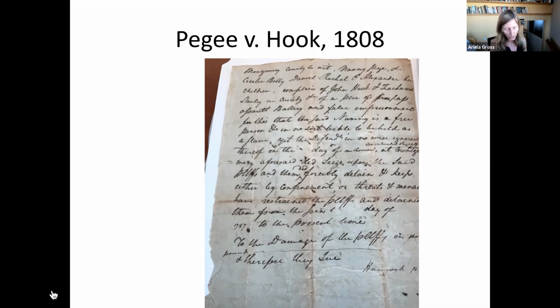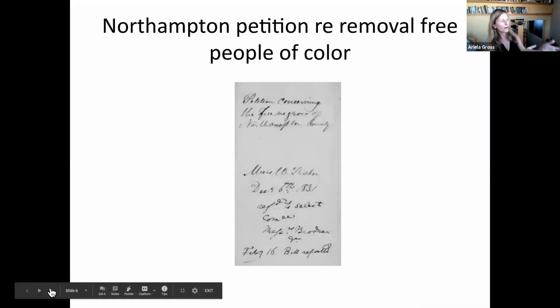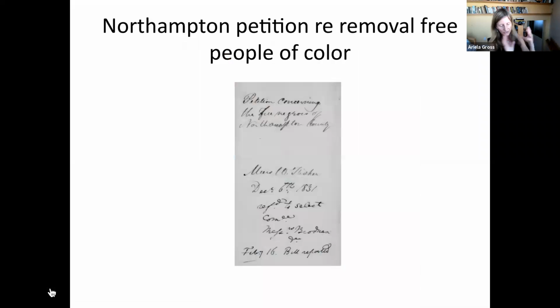And so you see, for example, petitions that go from white citizens to the General Assembly in Virginia. This is a petition for the removal of free people of color from Northampton County, an Eastern Shore county in Virginia with a big population of free people of color.